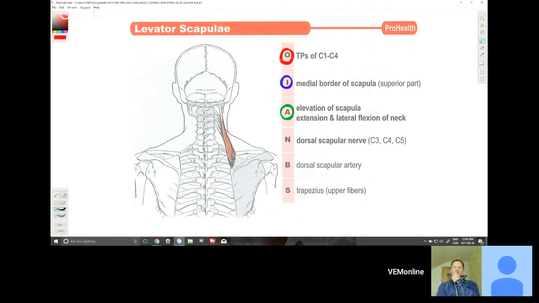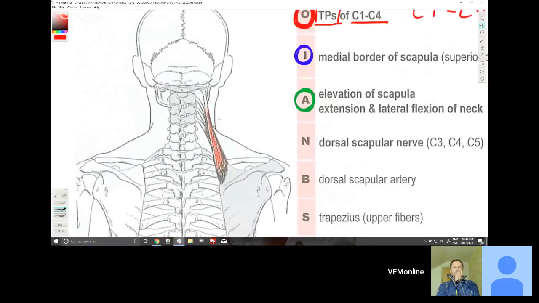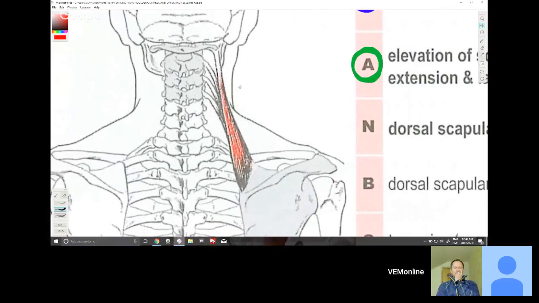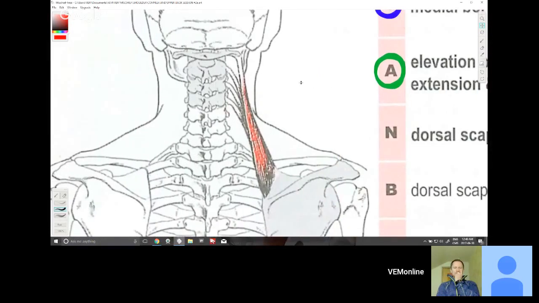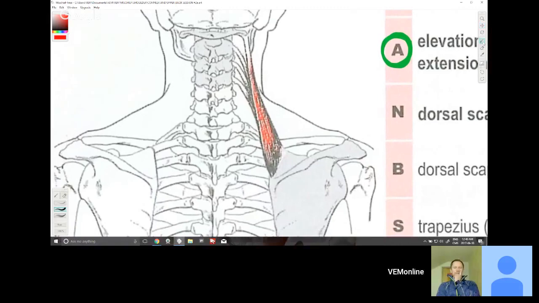And so the transverse processes of the cervical spine C1 to C4. Here you can see in the picture that they attach on the side, right? These are the transverse processes. You can see that they look quite different from the thoracic ones.